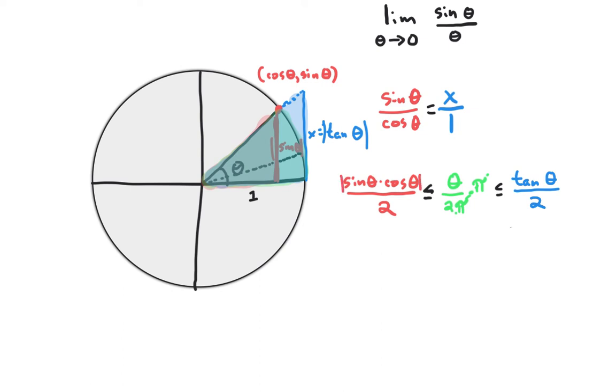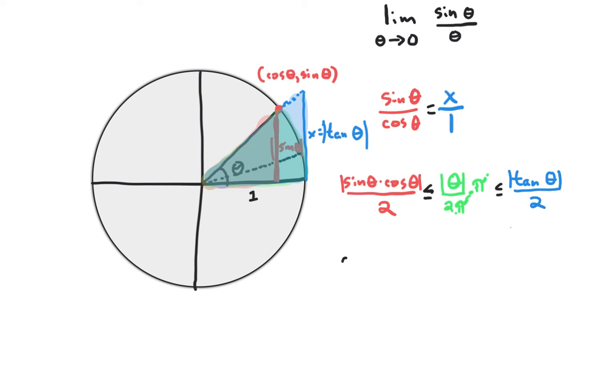I forgot that. They won't be that important a little bit later, but just because we do want to deal with both sides of 0, we want to have our absolute values in here. Fantastic. Okay, let's clean this up. I'm going to multiply everything by 2 and just write things down here.